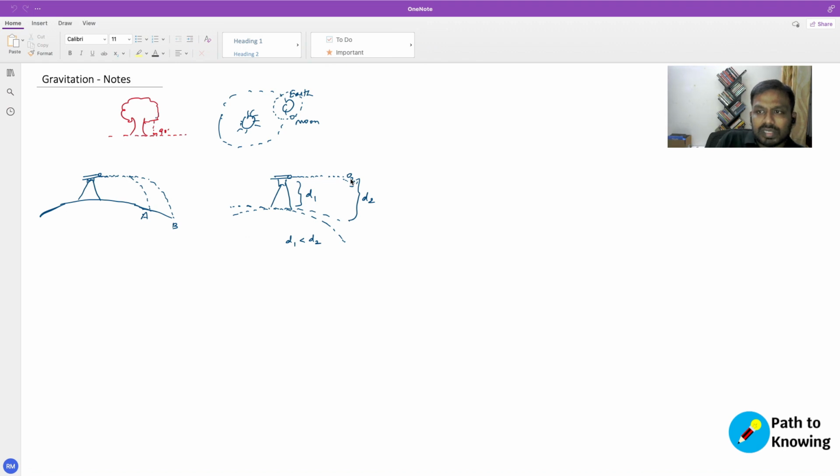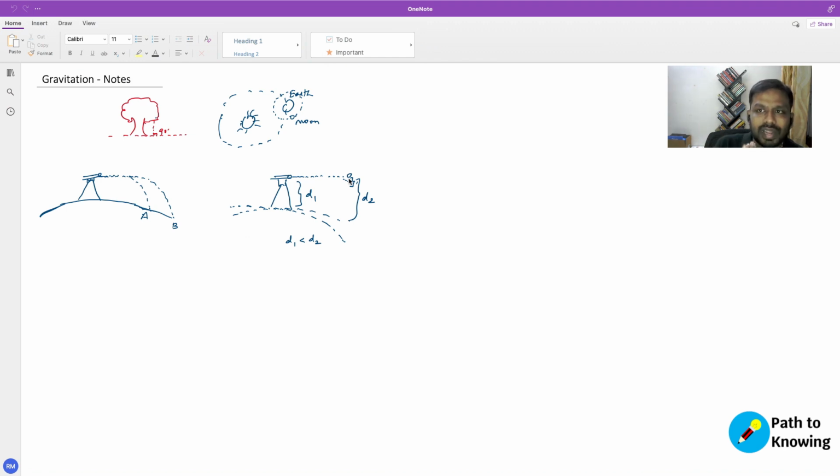Now it is at this moment that he was able to explain the behavior of gravity. What he felt was that any two objects, be it the moon and the earth, or earth and the sun, every object attracts another object. That is a very fundamental law of nature.